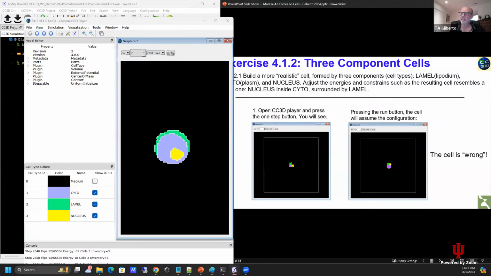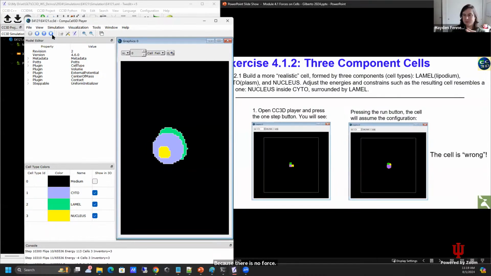A structure, actually. It's a nucleus inside the cytoplasm, surrounded by lamella. But still, the cell isn't moving because there is no force applied to it.